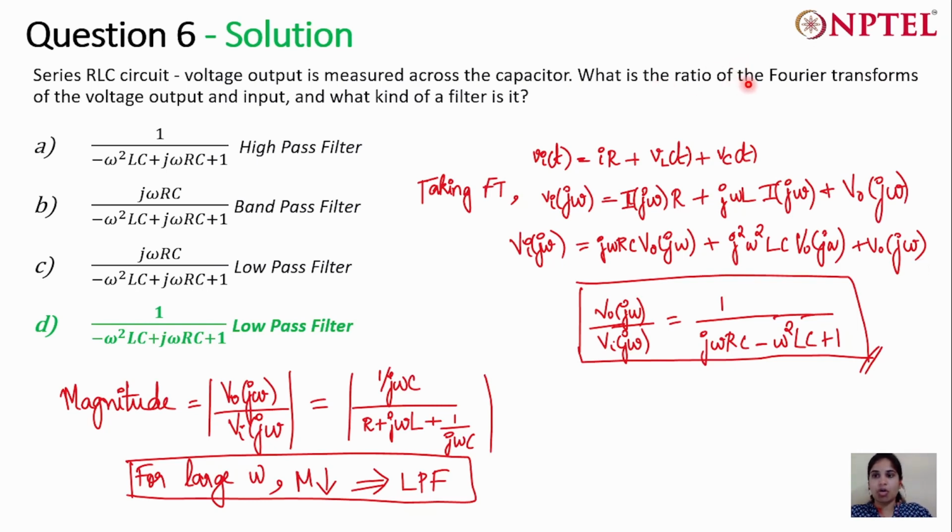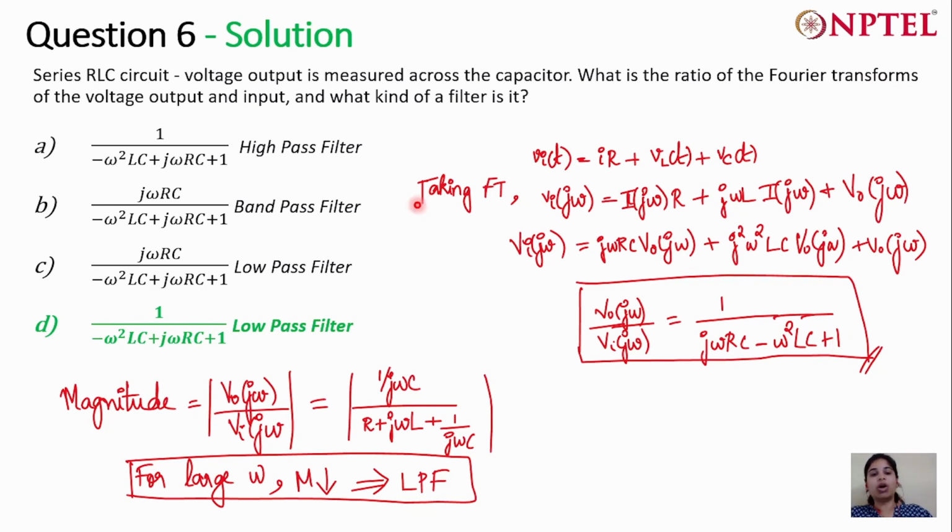The ratio of the Fourier transform of voltage output and input. So, V naught of j omega by Vi of j omega we have to find. That is 1 divided by j omega RC, and j square is minus 1, so minus omega square LC plus 1.